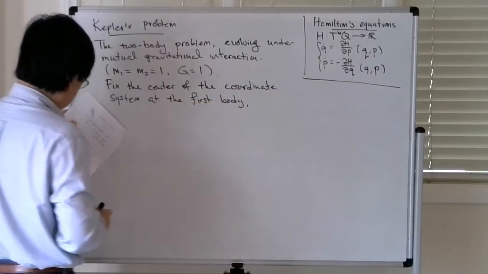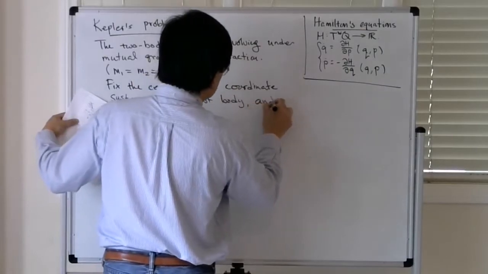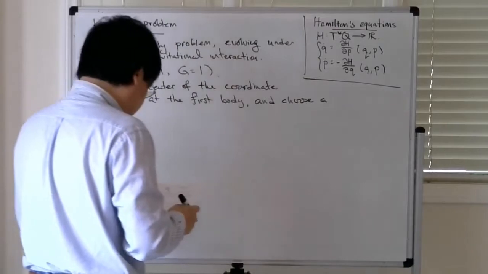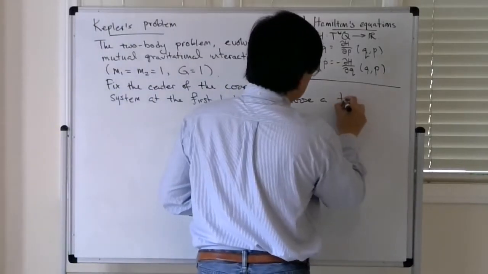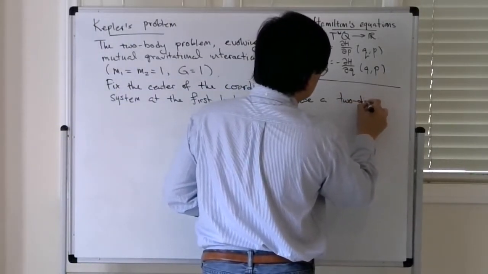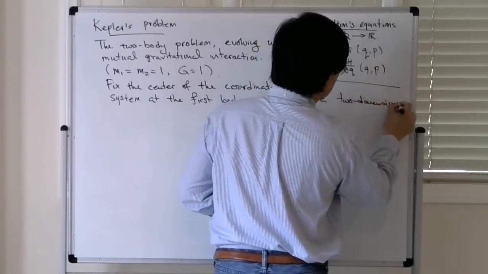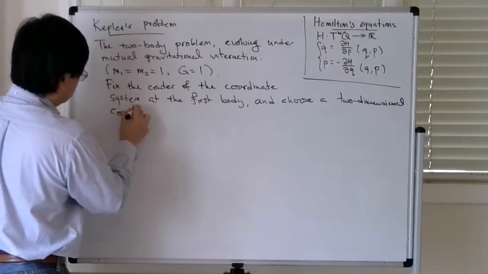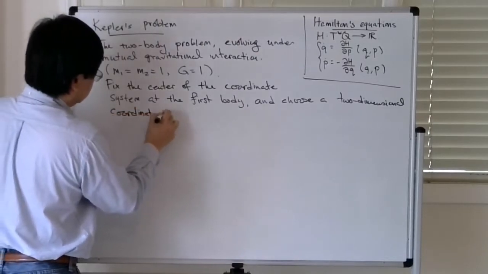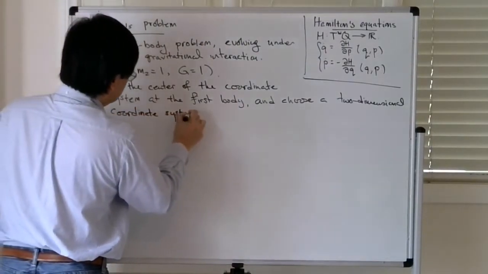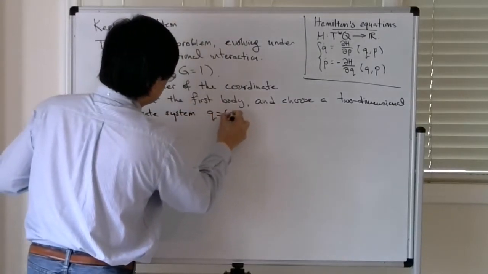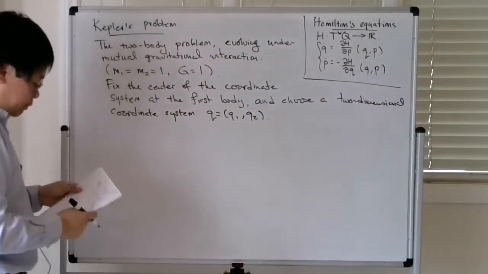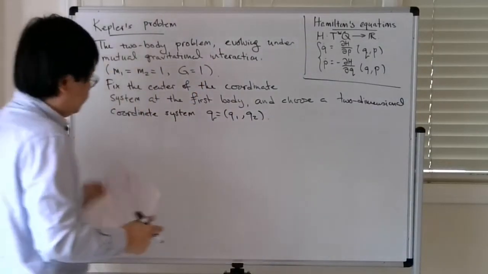Okay, and then choose a two-dimensional coordinate system where Q is equal to Q1 and Q2, which are the components of the position variable for the second body.